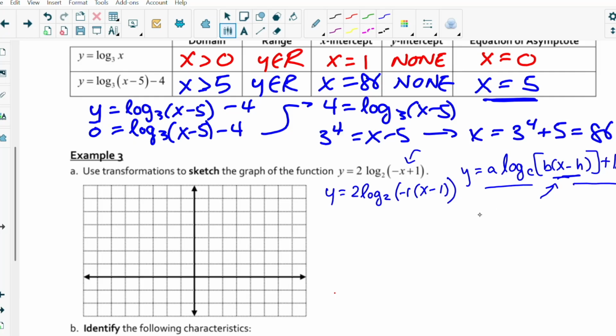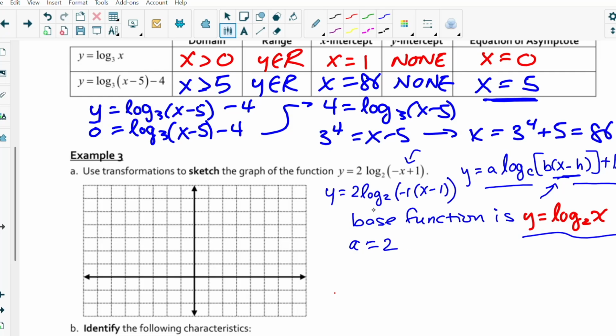I'm going to start with this. When I analyze this, the base function is y equals log base 2 of x. Then analyze your transformations based on this base function. I see a equal to 2.